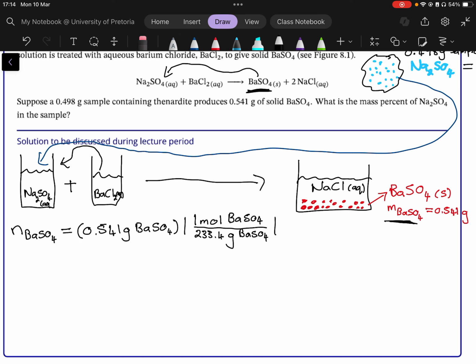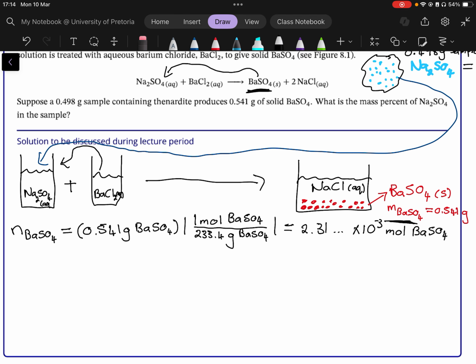That's the same as dividing by the molar mass, which is 233.4 gram per mole. That gives you a value of 2.31, etc., times 10 to the negative 3 mole barium sulfate.